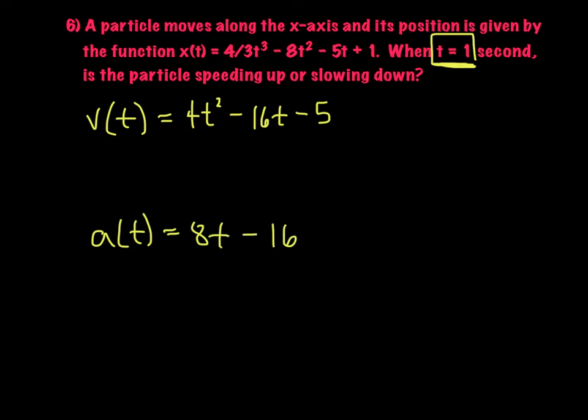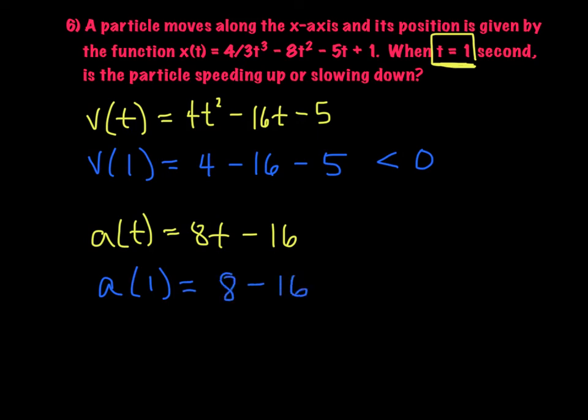All right, now what I need to do is evaluate each of those at t equals 1. So v of 1 is what? Well, that's 4 minus 16 minus 5, which is definitely less than 0, definitely negative. a of 1 is going to be 8 minus 16, which is also going to be less than 0.